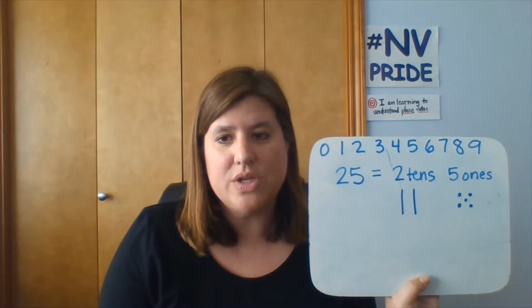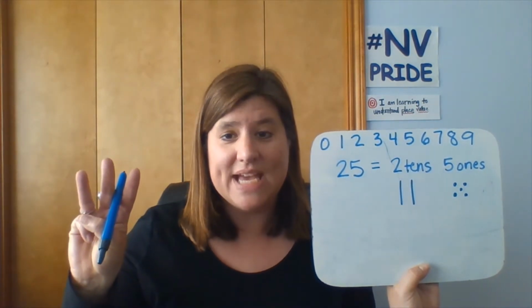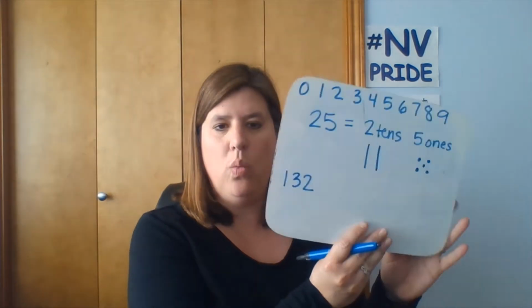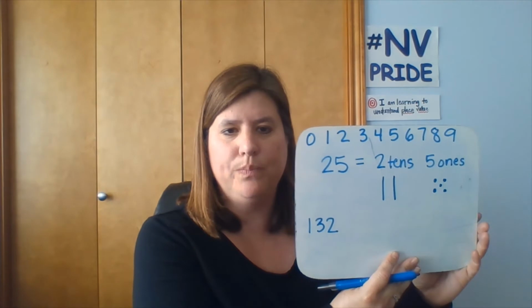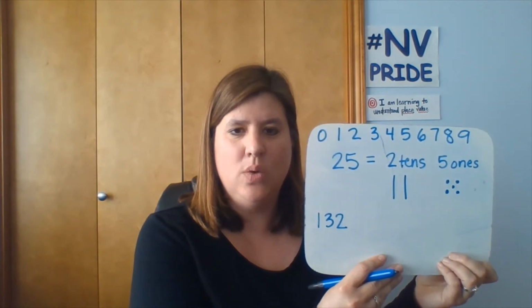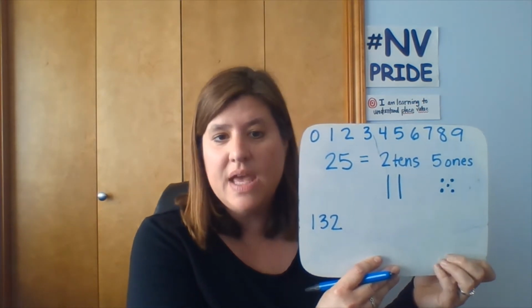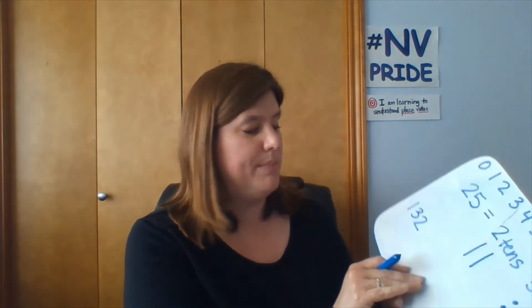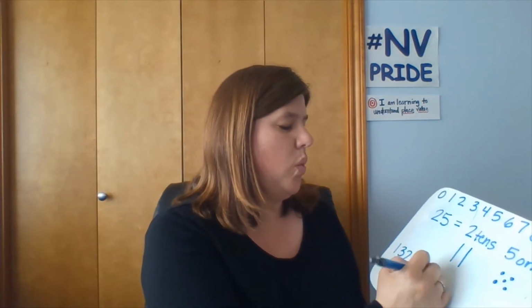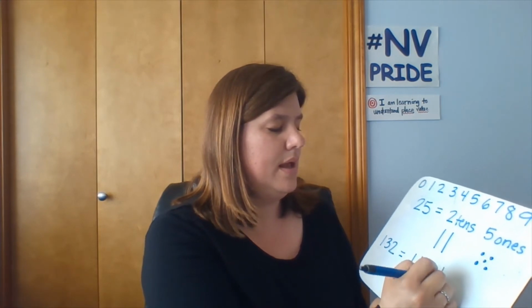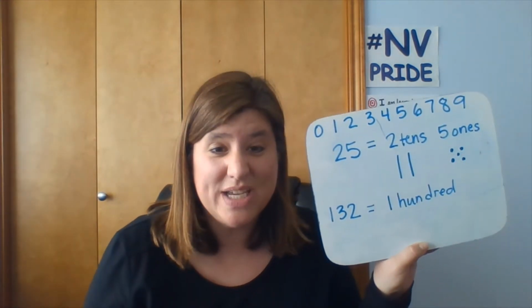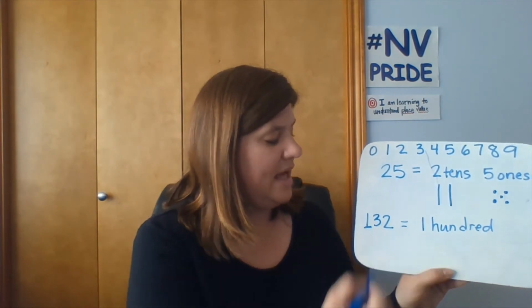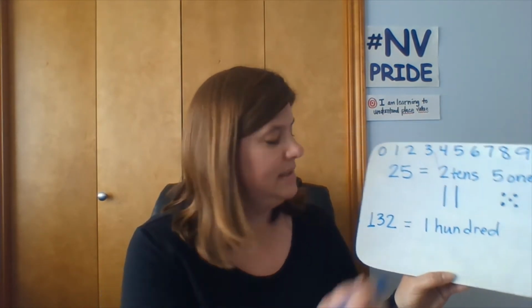I can also do this hard work with a 3-digit number. For example, I could have the number 132. And just like we did with the number 25, I could represent this number as 100 because it has a 1 in the hundreds place.